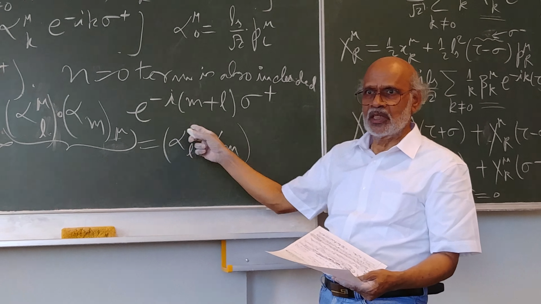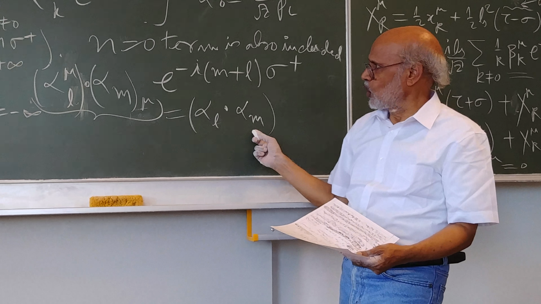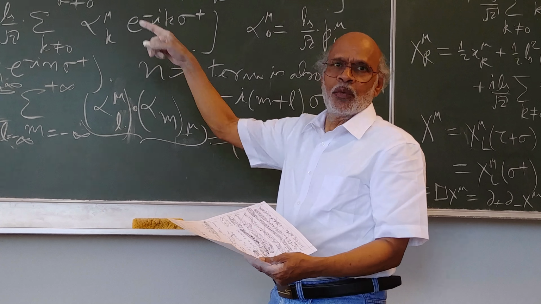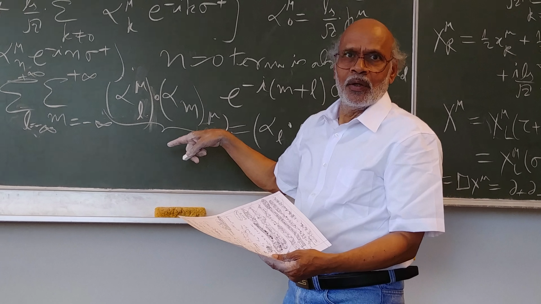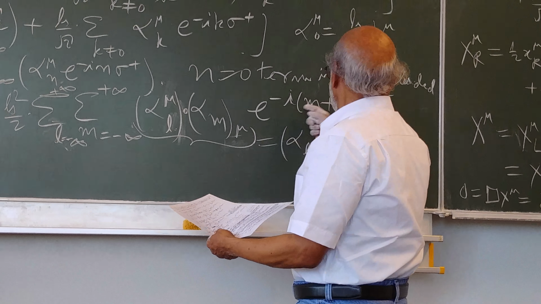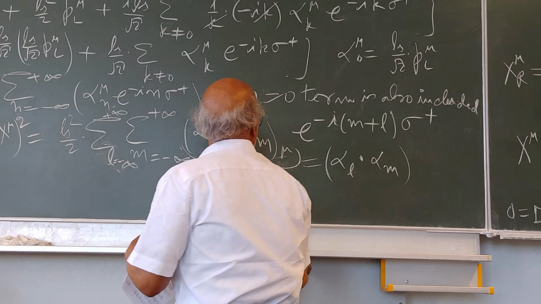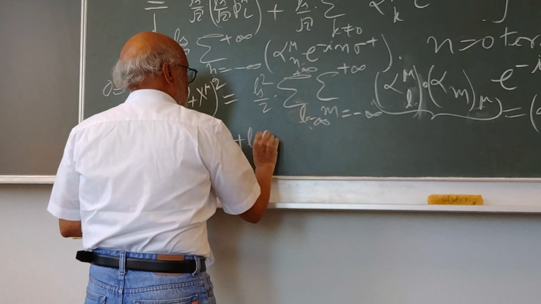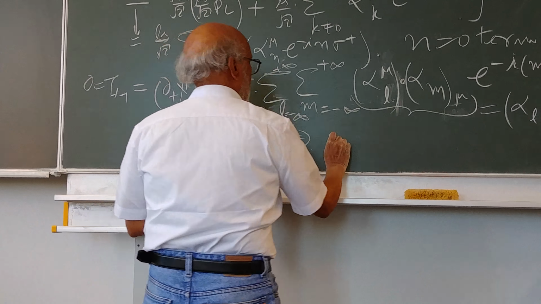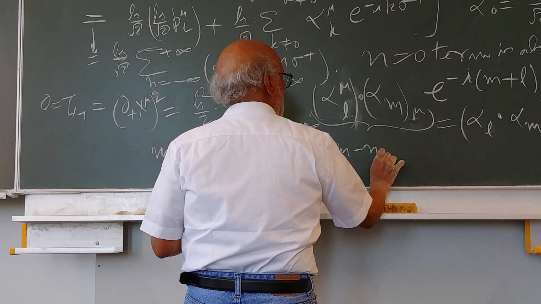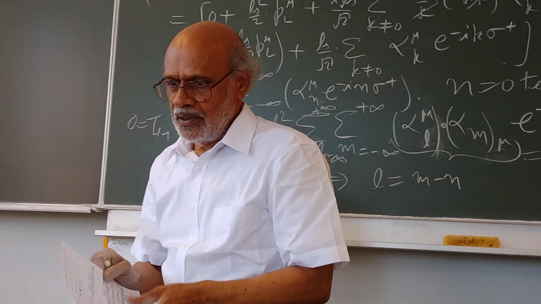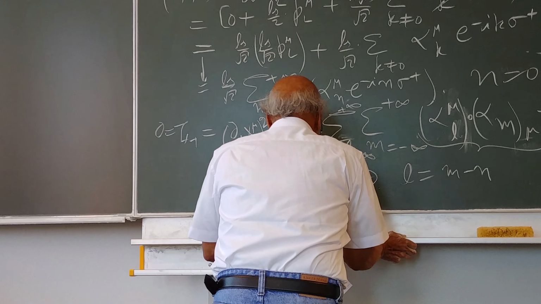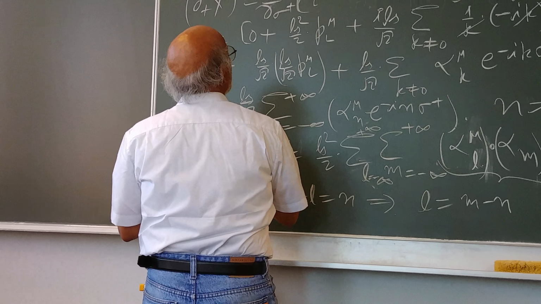So for short, I would write it like this, like A mu. And times this. So that means I could put M plus L equal to something different. M plus L, let me put equal to N, then L would be M minus N. And therefore, I could write this solution in a much simpler looking manner.